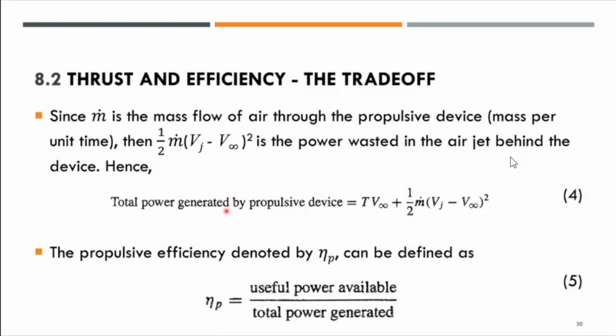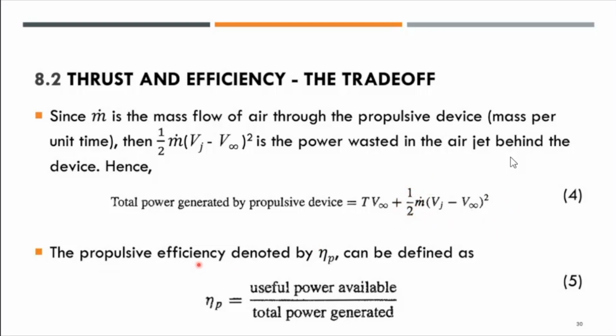Hence, the total power generated by the propulsive device is equal to the thrust times the free stream velocity plus half m dot times (Vj minus V infinity) squared. That will be the total power generated. It's not only the thrust times the velocity of the free stream; it has to include the mass flow rate times the kinetic energy.